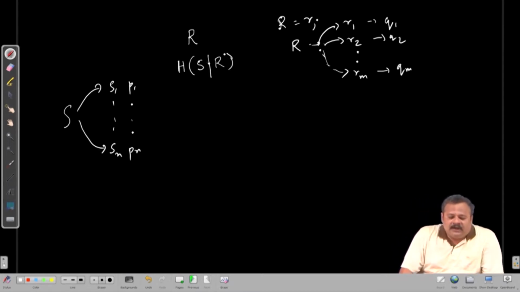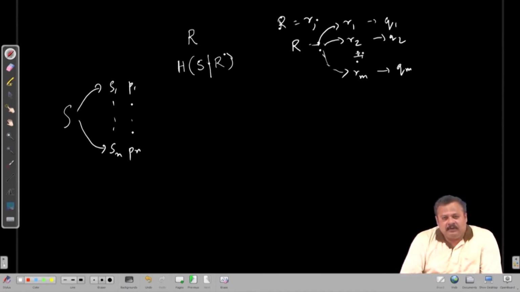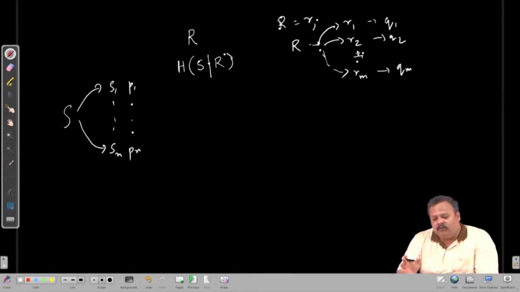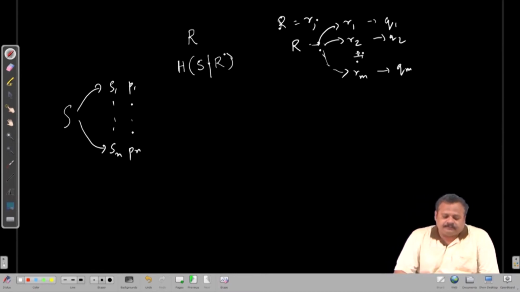So, if we are given that the response is a particular Rj, then the set of stimuli that can give rise to the response Rj need not be the entire set of stimuli; only a few of the stimuli may be giving rise to the response Rj, or a different probability is associated with each of the stimuli being possible to produce the Rj.